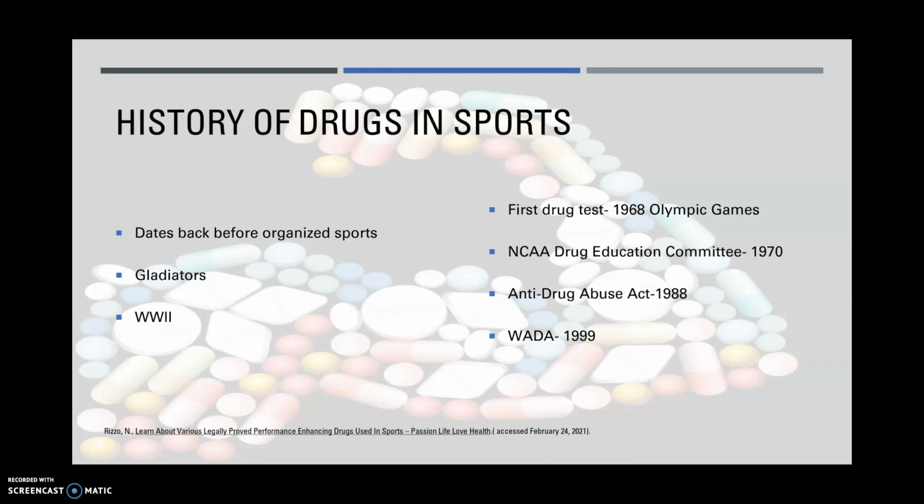This banned all drug use for athletes and for criminals, and this banned the recreational use of drugs. The last thing is the WADA in 1999. This is the World Anti-Doping Agency, and it came together to form standards that were consistent internationally.